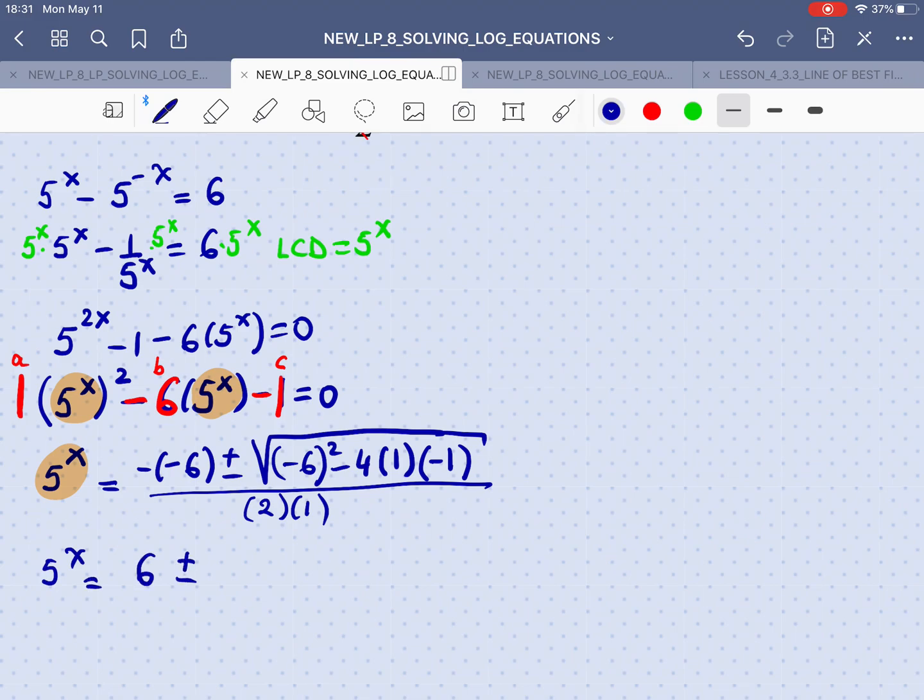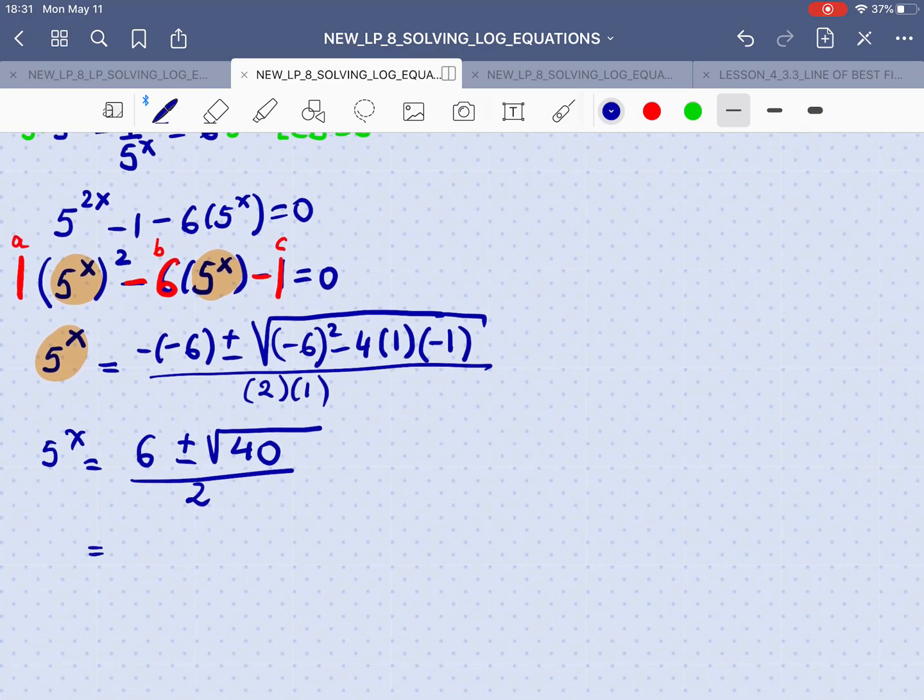So 5 to the x equals 6 plus or minus, do some simple calculations here, you get root of 40, and that divided by 2. Some more simplifying here. So we have 6 plus or minus 2 root 10 over 2.